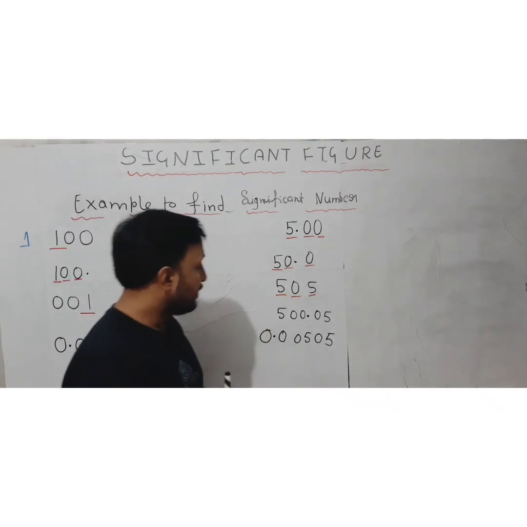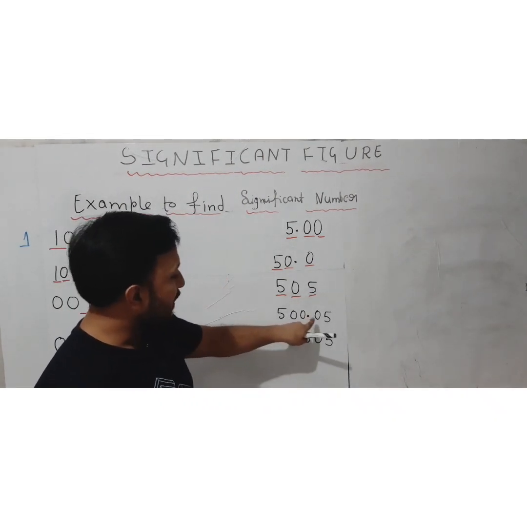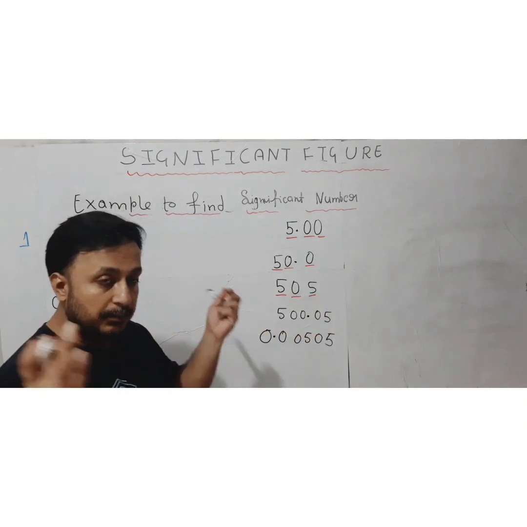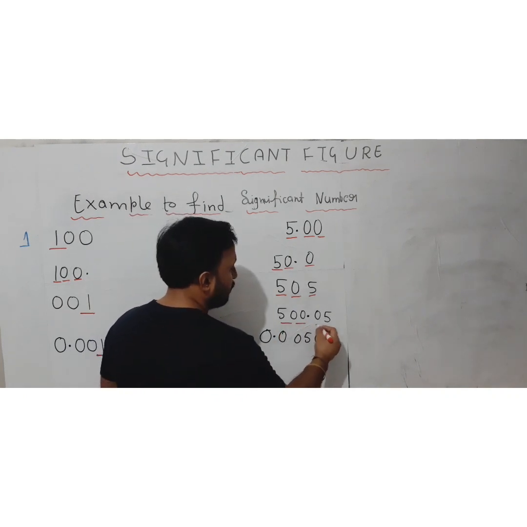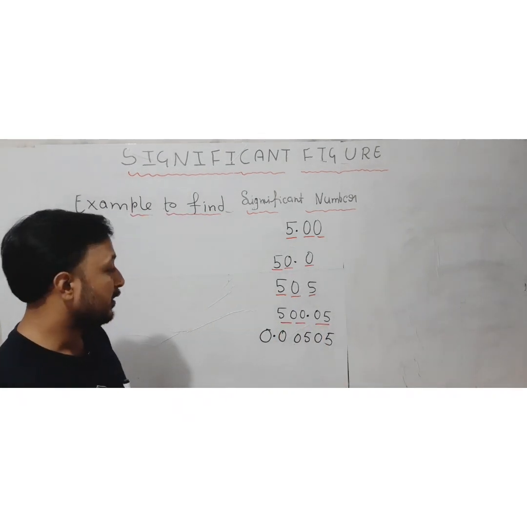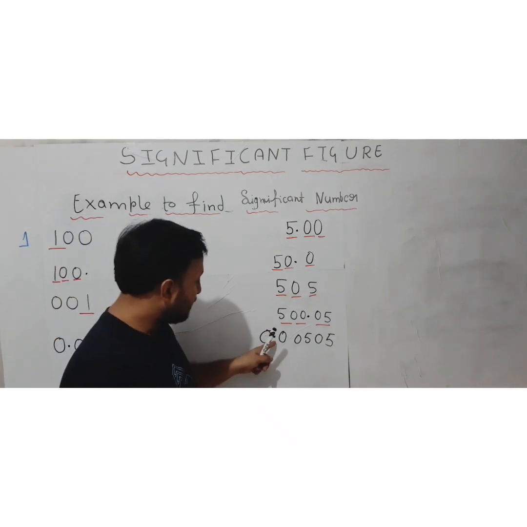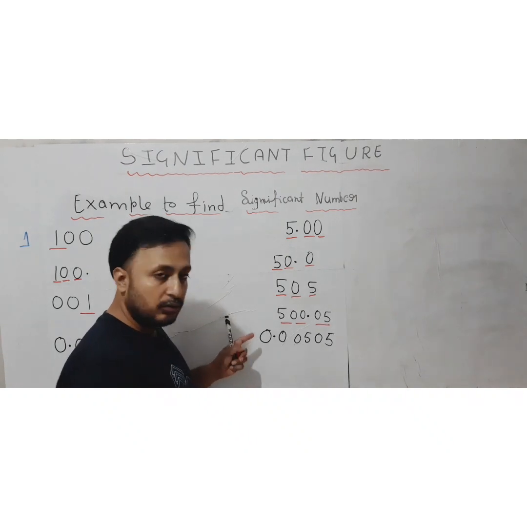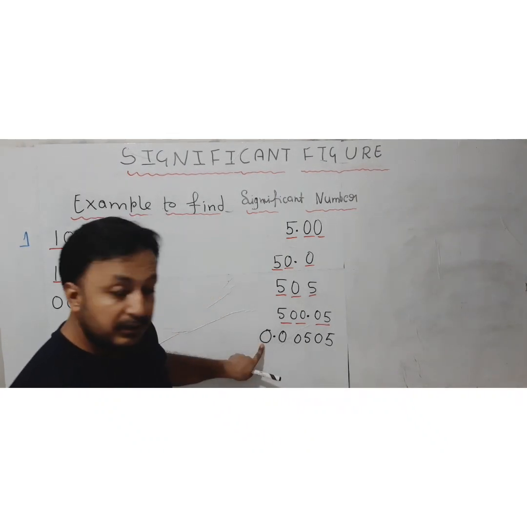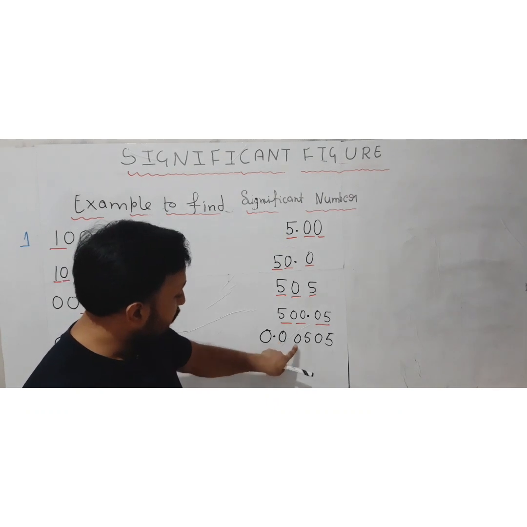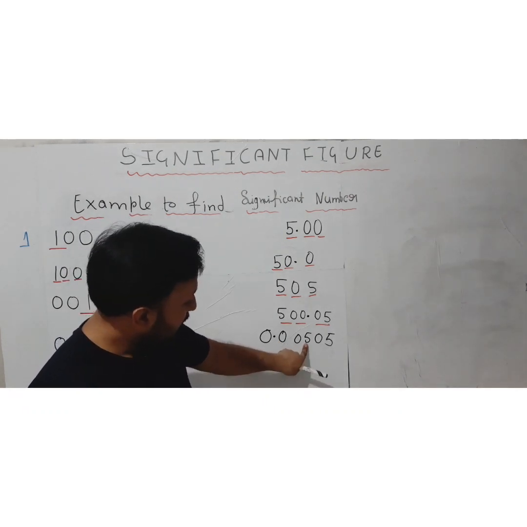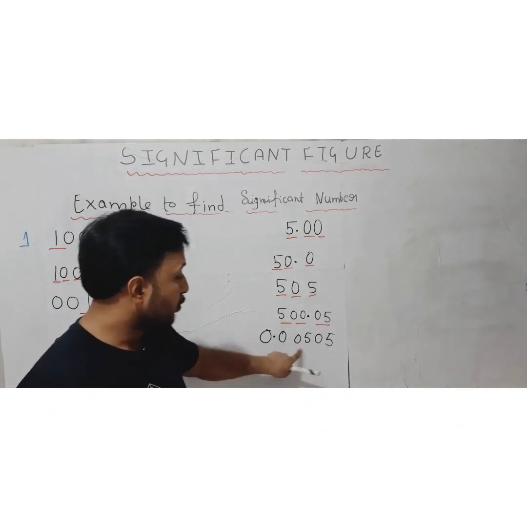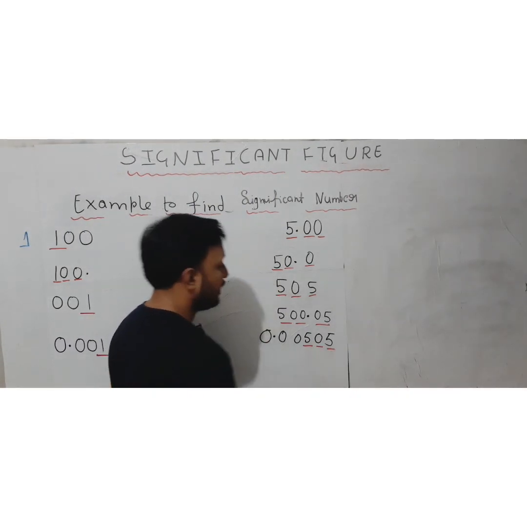Then again we can see the zeros are present before decimal and after decimal also, and in between the non-zero digits are also there. So they are coming all in between the non-zero digits, so all will be considered as significant. Then in this case there is a decimal, before that a 0 is there, but there is no non-zero digit, so it will be not considered as a significant, so as this one, so as this one. Then after that the non-zero digit is present and a 0 is trapped between them, so these three only will be considered as significant.